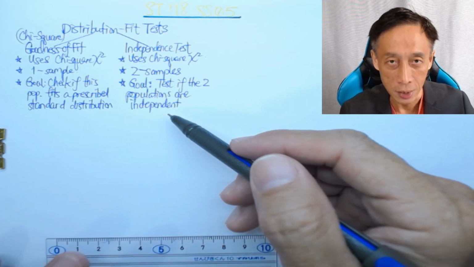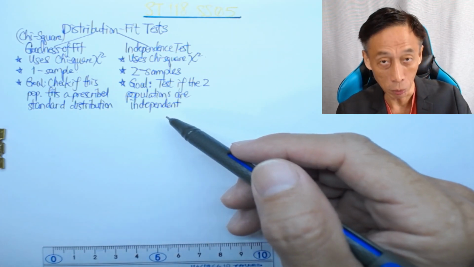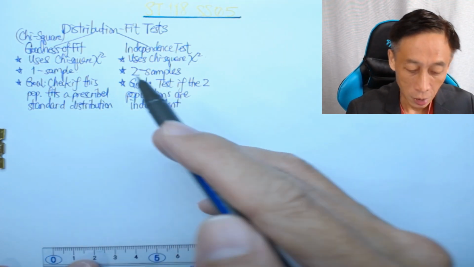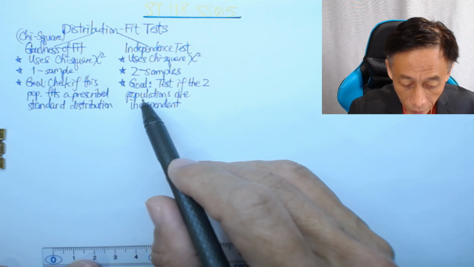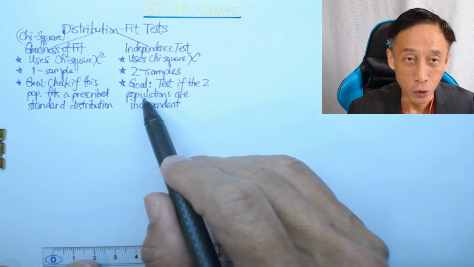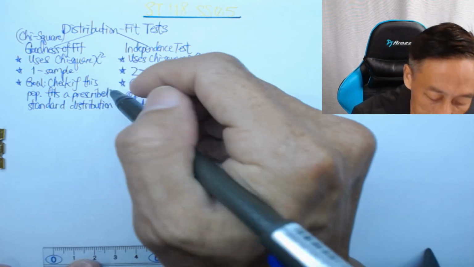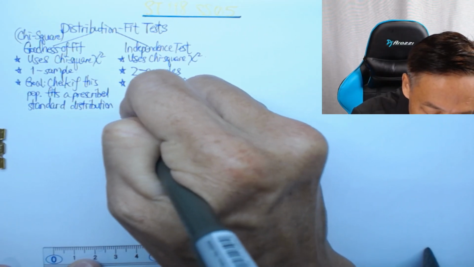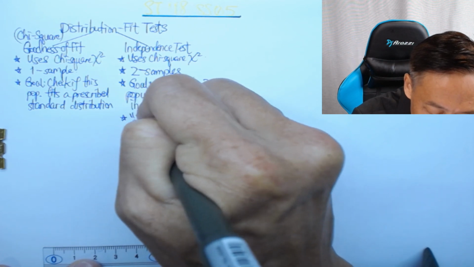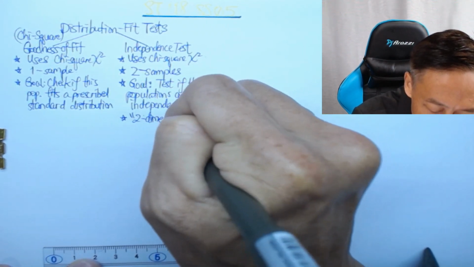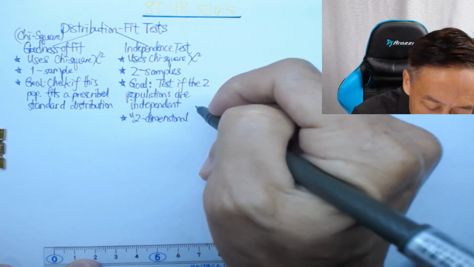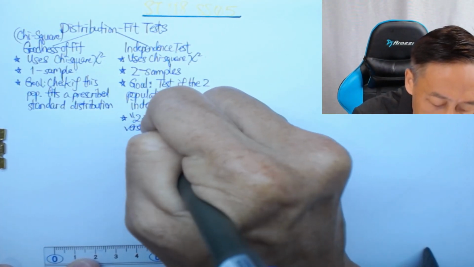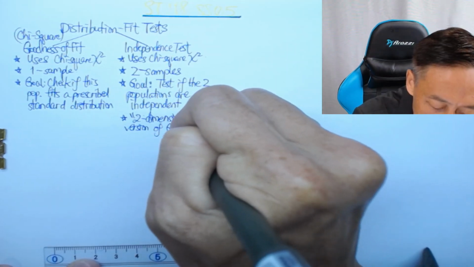And because of that calculation procedure, matching very much like the goodness of fit, this is like a two-dimensional version of goodness of fit.